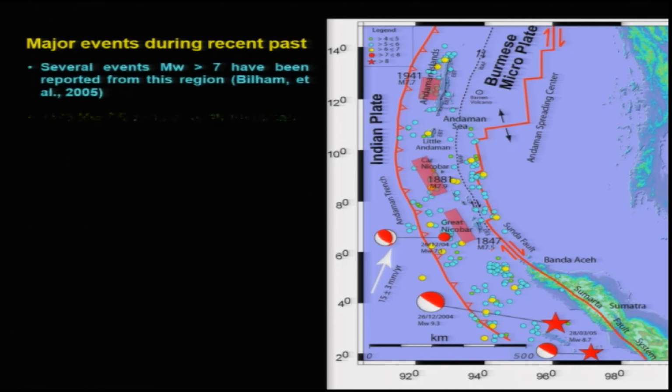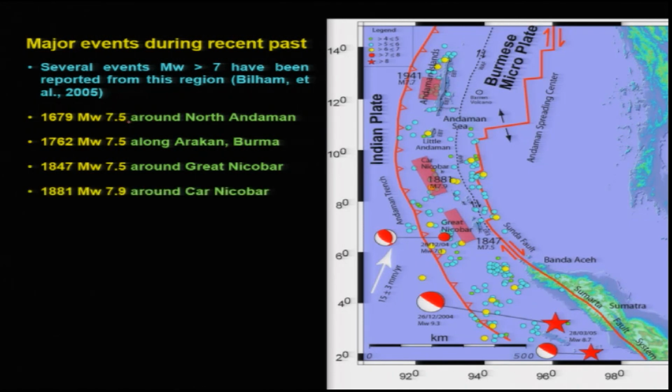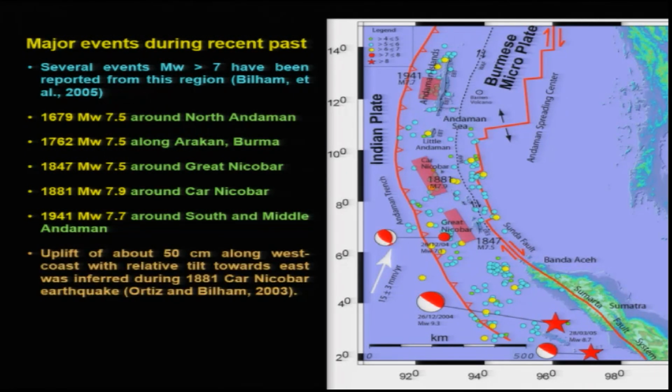These are a few earthquakes which are listed, or for which we have records from the historical literature, but most of these earthquakes are 7.5. So, what we have been able to emphasize in our recent research is that we should not ignore such large magnitude earthquakes either.